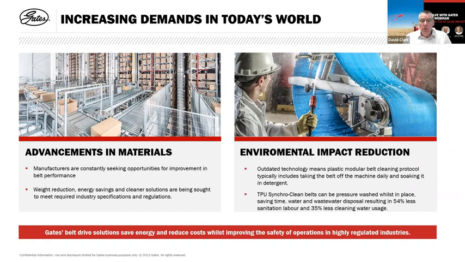Gates TPU Synchro Clean belts can be pressure washed on the drive when in place. So it minimizes detergent, minimizes use of water, and minimizes the time and labor in which to clean the belt. And it's these types of solutions which Gates feel are those that can help our customers going forward.